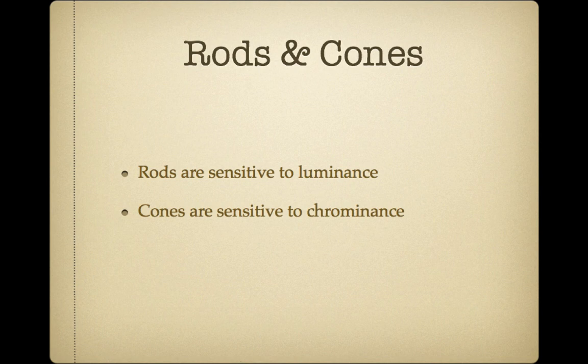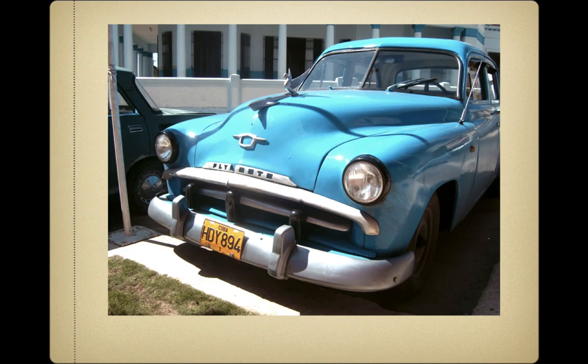The rods are sensitive to luminance and the cones are sensitive to chrominance. And we have many more rods than we have cones. People believe that the ability to see color evolved much later in humans, and different parts of the spectrum evolved at different stages. Okay, so this again should look familiar to you, where we separate out the luminance and the chrominance information.